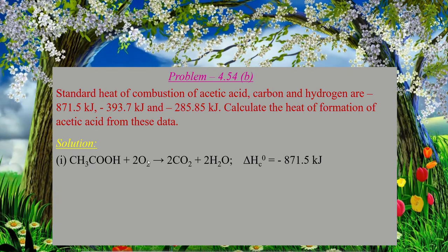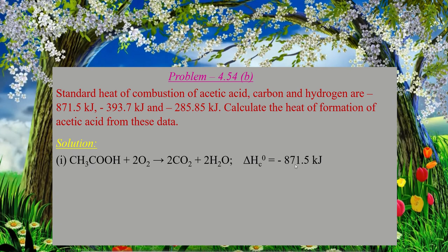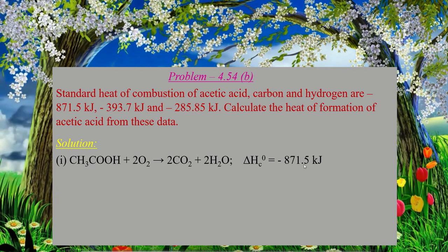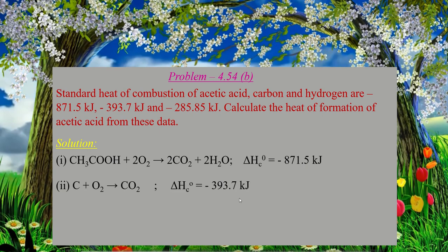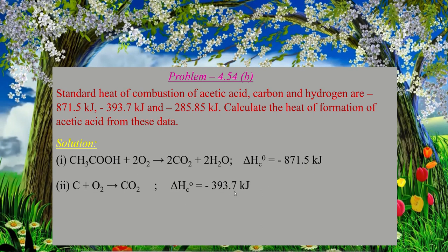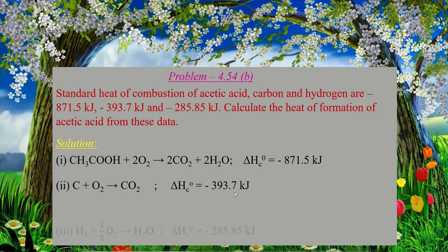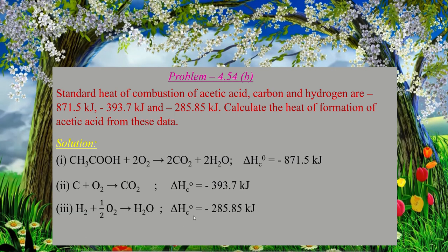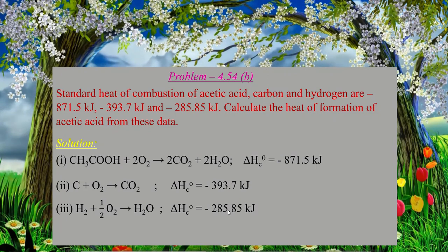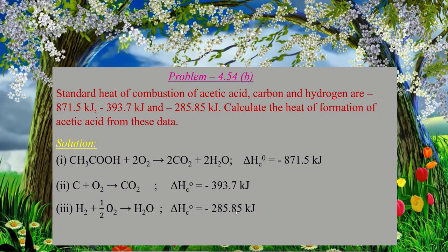Heat of combustion of acetic acid is given, minus 871.5 kilojoule. Heat of combustion of carbon is given, minus 393.7 kilojoule, and heat of combustion of hydrogen is given, minus 285.85 kilojoule.